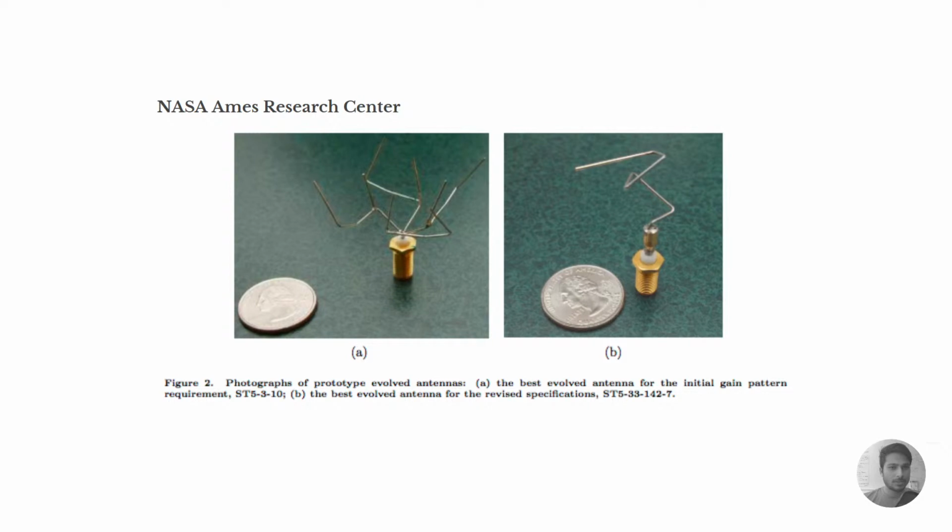For example, this one is an antenna that was designed by the team at Ames Research Center, NASA. They created an algorithm which just modified the lines, vectors and lengths, and they started the algorithm. The fitness, or the goal, of this algorithm was to design an antenna with the least possible deviation of signal.